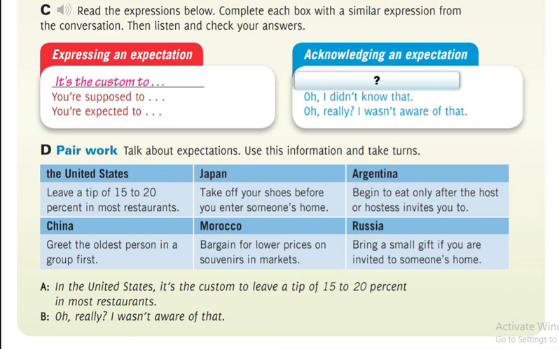Oh, really? I wasn't aware of that. Really, I didn't realize that. No, sorry, it's not thank you. Thank you is used for a different thing here. Acknowledging an expectation is to be aware of it and apologize.